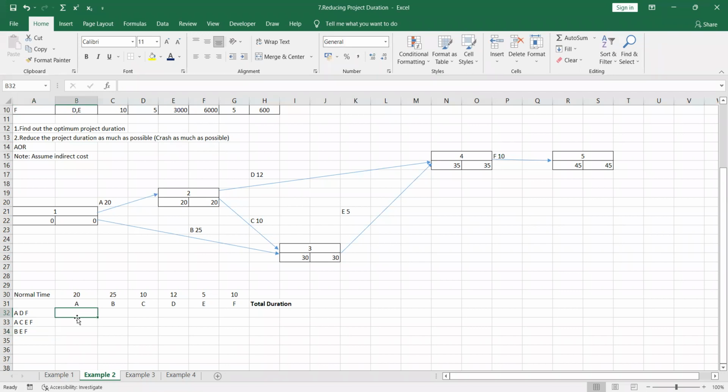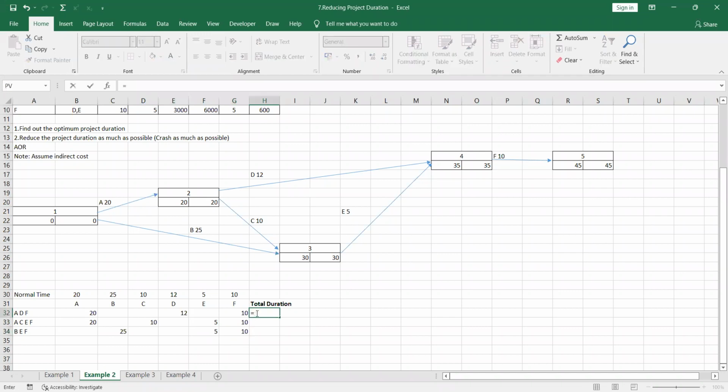So I am writing down the normal time and calculating the total duration here. For A, 20, C, 10, E, 5, F, 10. For the B, 25, E 5, and F 10.